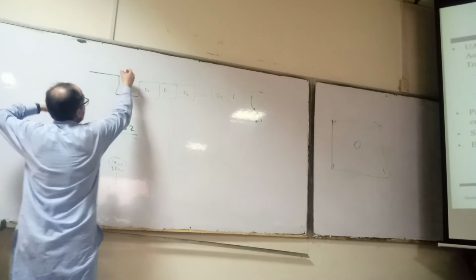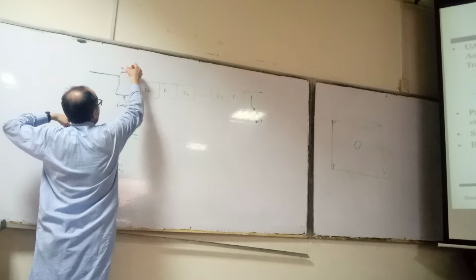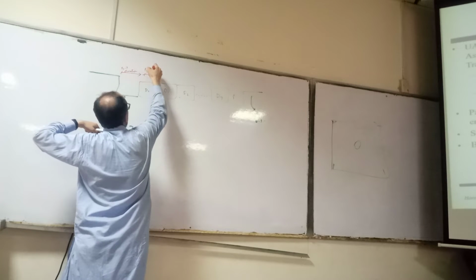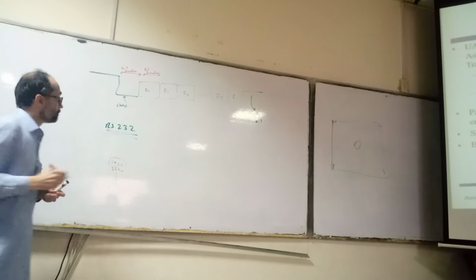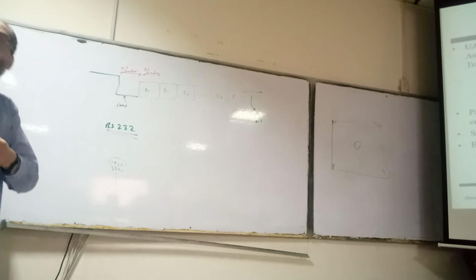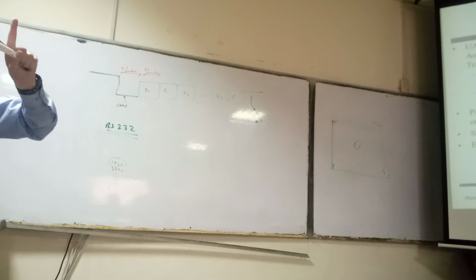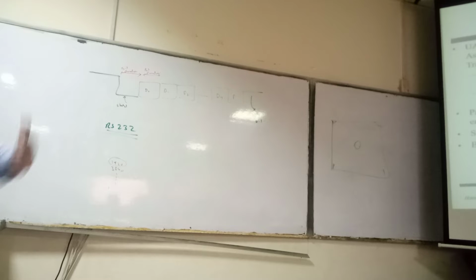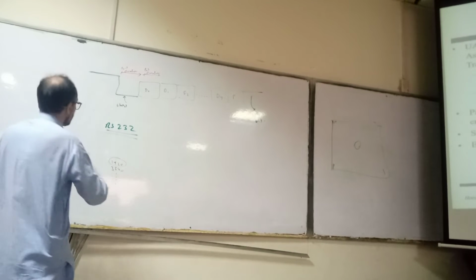So if you look here, this is a bit duration. This is a bit duration. This is your bit duration. So if we increase the baud rate, what will be the impact on the bit duration? Will the bit duration reduce or increase? The bit duration will shrink. So now if we increase the baud rate, it will look like this.